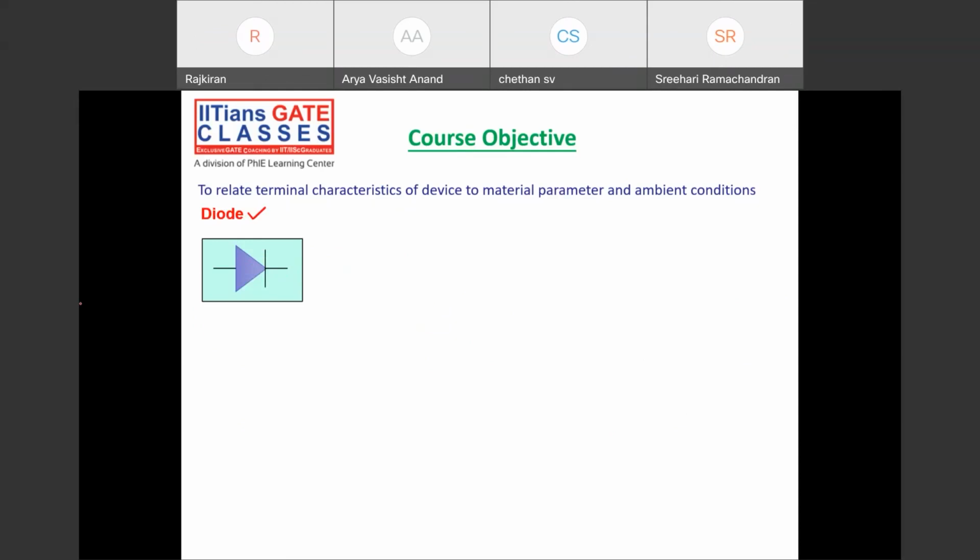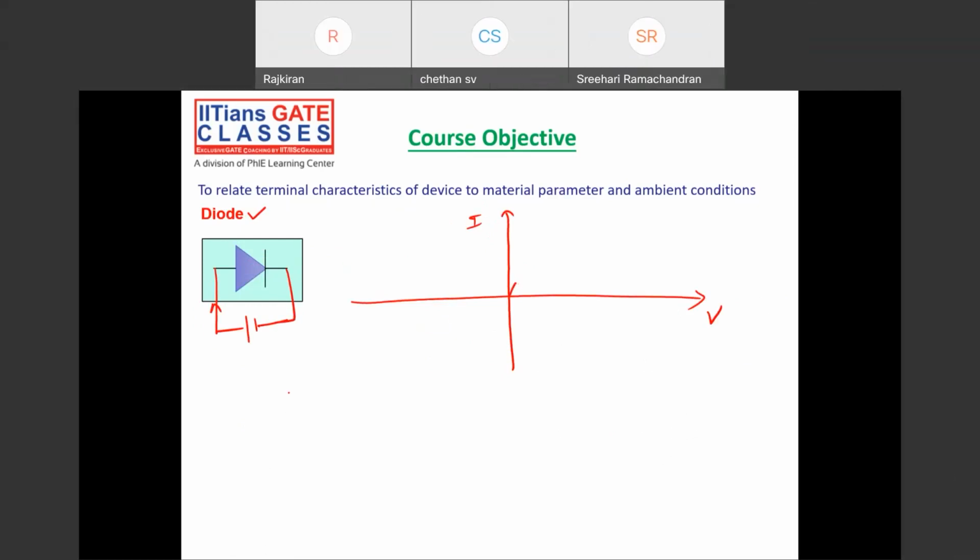If you apply a certain voltage and plot the current, it will be like this. Right or not?